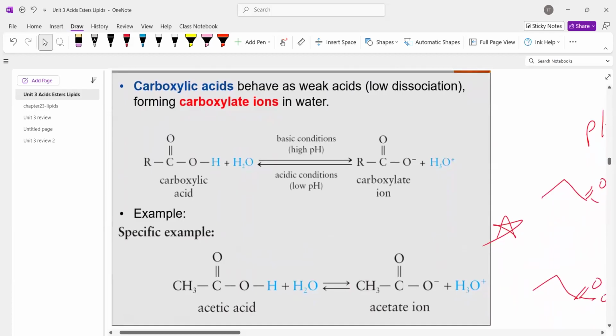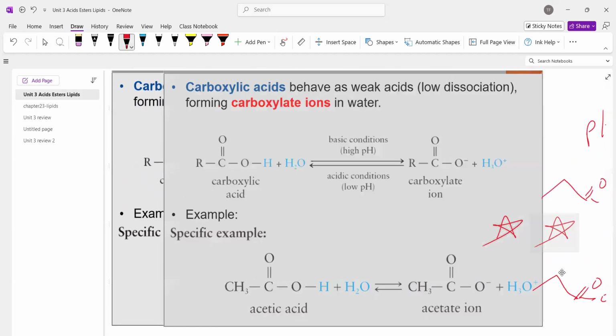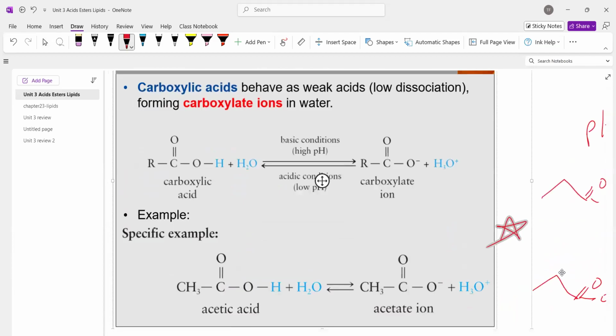Okay, carboxylic acids, as I was saying earlier, are weak acids. That means they have low dissociation. So they end up forming the acid salt.